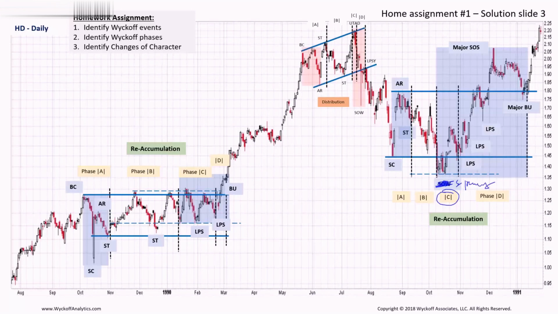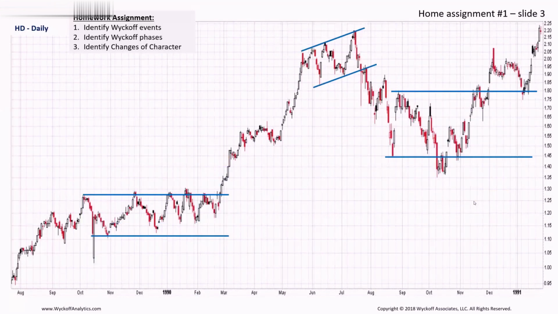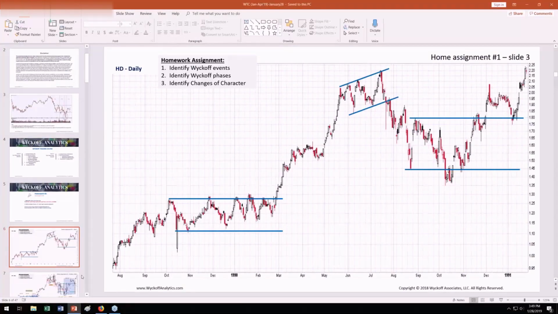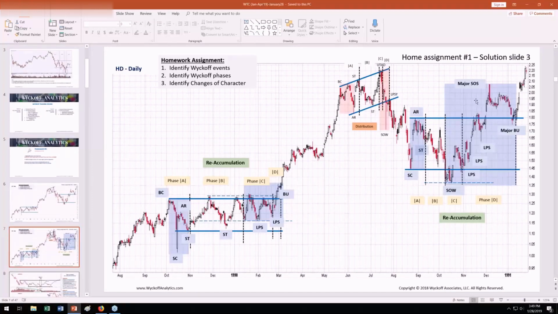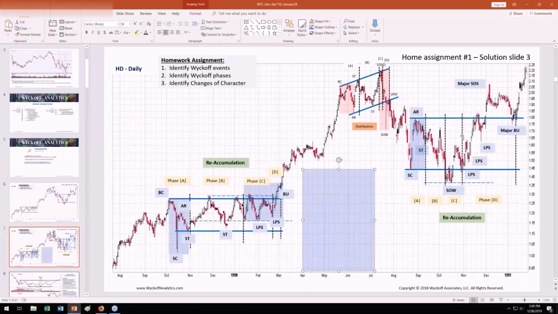Oh, I know what happened. Okay, let me just correct this. I think this was a slide that I worked on afterwards, and I defined phase C as this one right here. So this becomes a sign of weakness in B, and then this is phase C. So that makes sense.